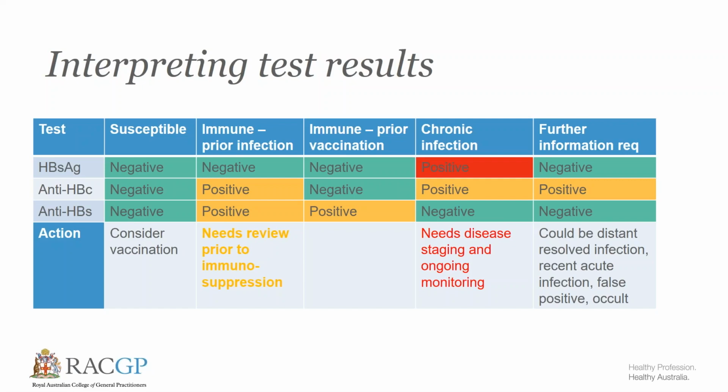So that tells you that they've had a past infection because they've got a core antibody, but because they've got a surface antibody and their surface antigen is negative, it means that they've cleared their infection. So they're immune to hepatitis B, but there is a risk that they could get a relapse of disease with severe immunosuppression.